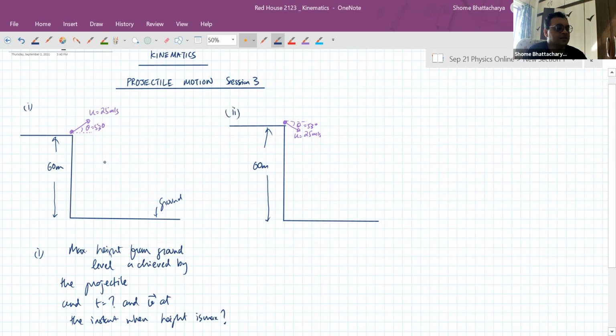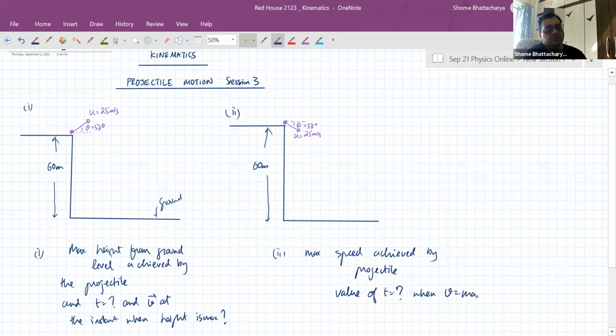And for the second case, we're asking a slightly different thing. We're going to ask what is the maximum speed achieved by the projectile, and the value of the time when the speed is maximum.